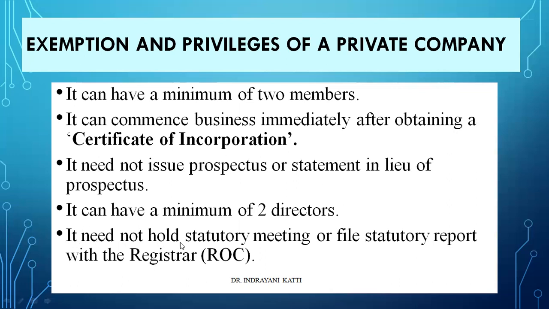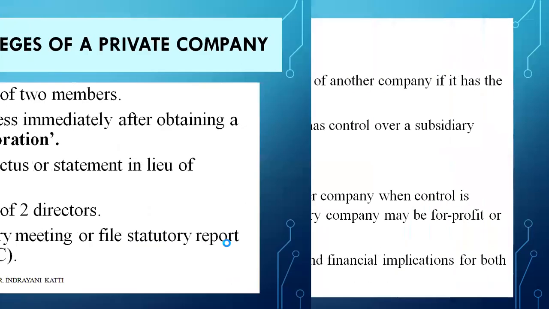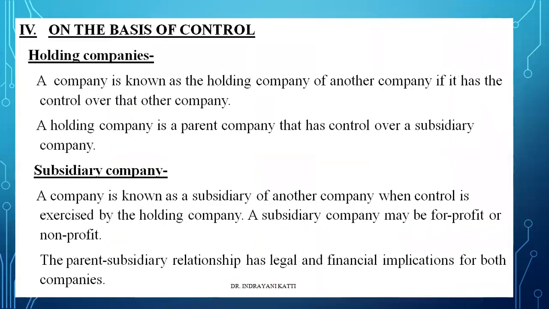So it need not hold a statutory meeting or file a statutory report with the registrar also. With the ROC, registrar of companies, a private company need not submit any statutory report, or hold any statutory meeting. Statutory meeting is the first important meeting of a company, okay, in its lifetime. Only once it is held. Okay, so there is no such condition for a private limited company.